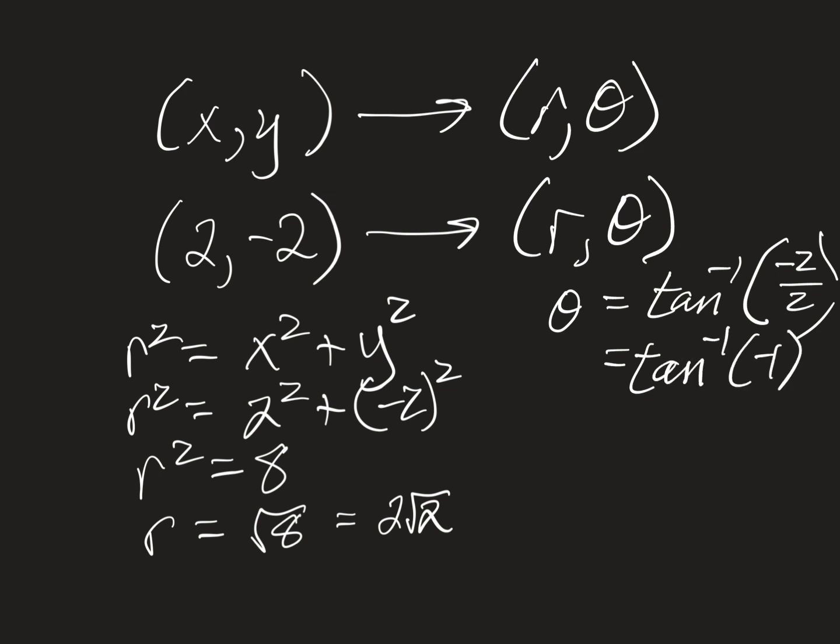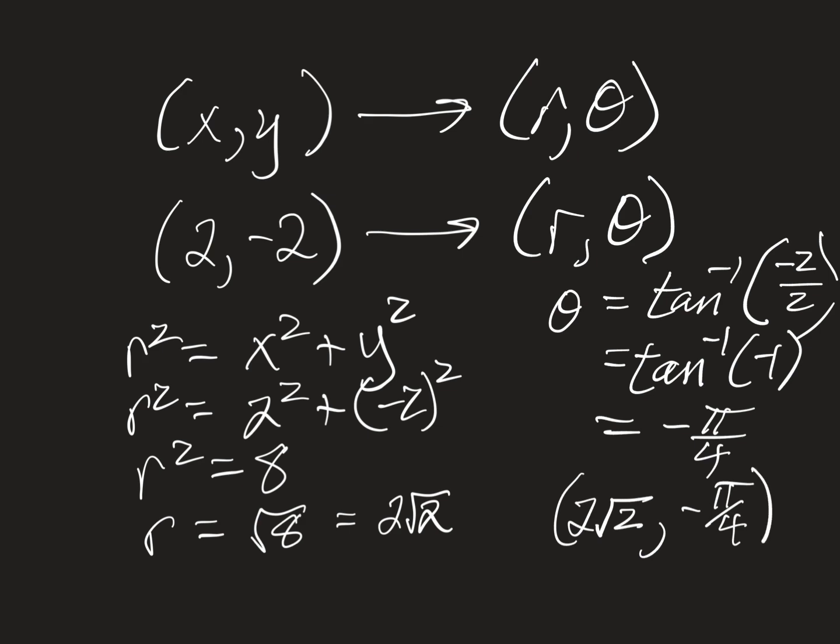Now, we know the inverse tangent of 1 is pi over 4, so the inverse tangent of negative 1 will be a fourth quadrant angle. So this will equal negative pi over 4. And so our ordered pair is (2 square root of 2, negative pi over 4).